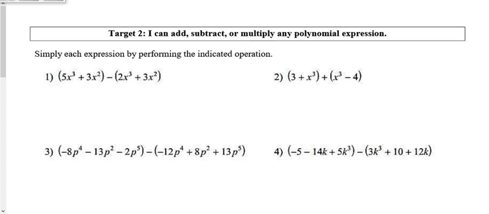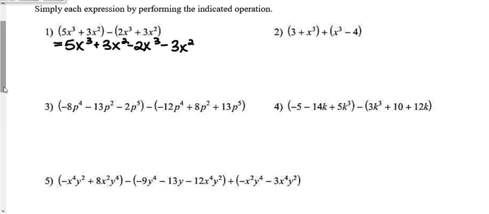So on your notes, I suggested that if you have subtraction, you rewrite by distributing that negative. So I'm distributing the negative right now. Oh, that should be a 3. Make sure you write it right if you rewrite it. 3x squared. And then look for terms that are alike.